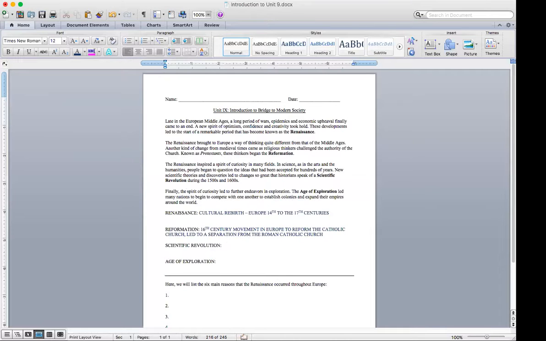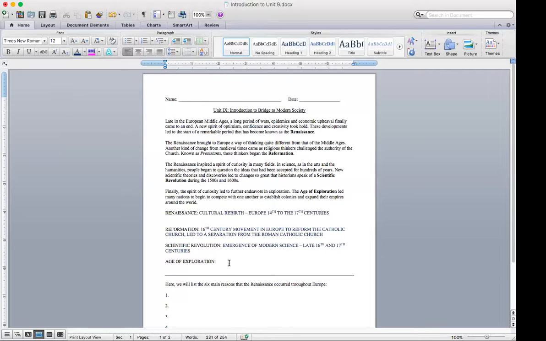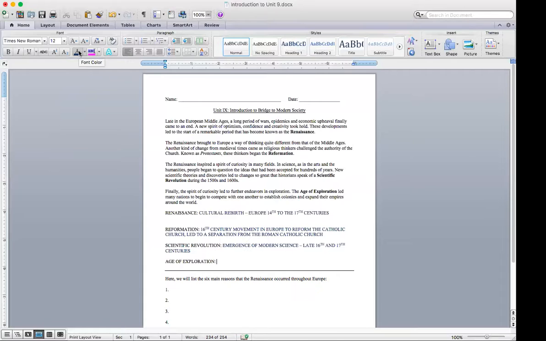The scientific revolution is where we see the emergence of modern science. And this occurs in the late 16th and 17th centuries. And finally, the age of exploration, which I know will be one of your favorite sections of this unit that we study.